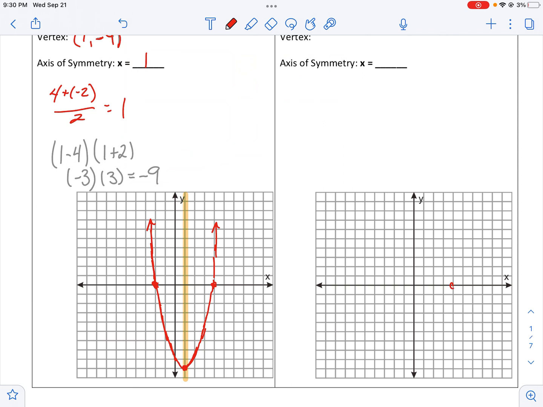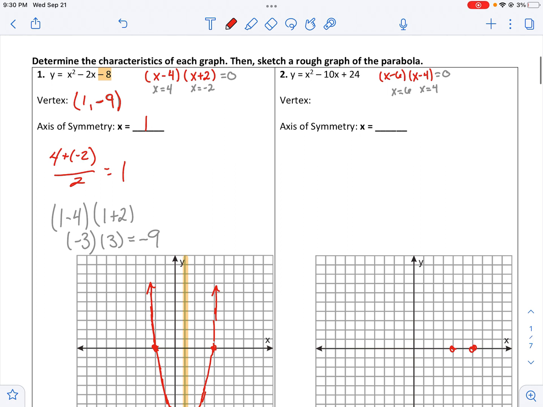So let me put my x-intercepts at positive 4, positive 6. Now my vertex we know is halfway between 4 and 6. So if I want to know what's halfway between 4 and 6, that's going to be 5. But I should verify that algebraically. I'm going to take my two solutions, 4 and 6, add them up and divide by 2. And I will get 5.